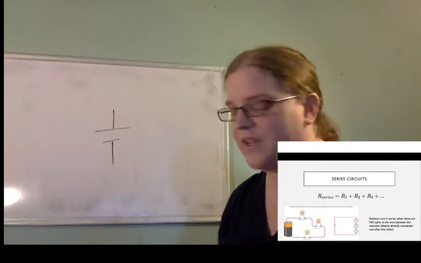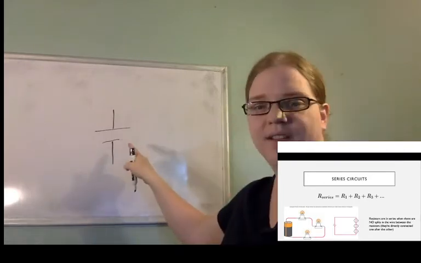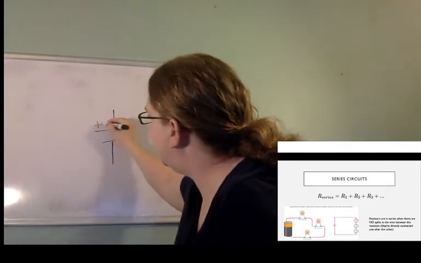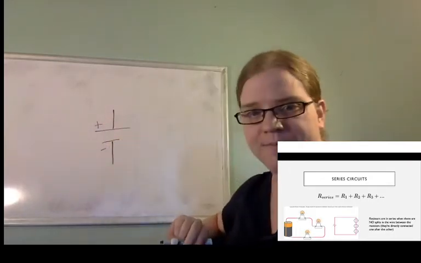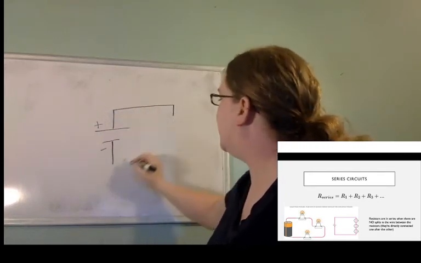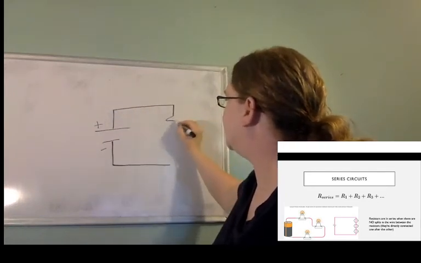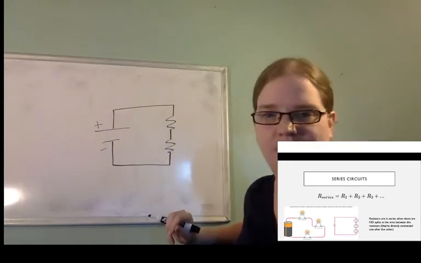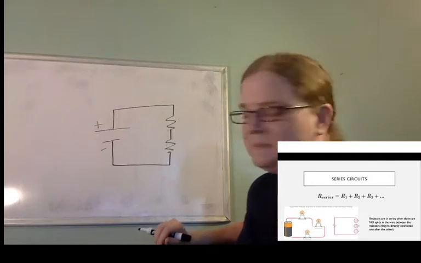So there you go. All right, this was our symbol for a battery. The long side is positive, the short side is negative. And then we have wires that come out and connect to our resistors. So I'm going to just draw 2 of these because it's easier.